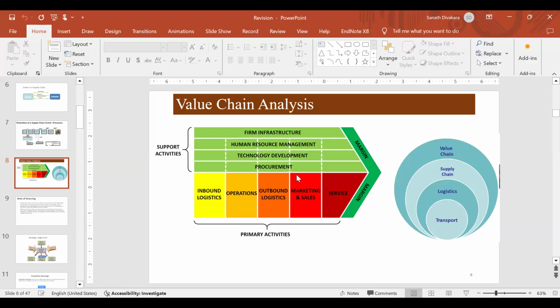There are different values, so we discussed different types of values and divisions of values. Likewise, you have to have a clear understanding of the concepts.